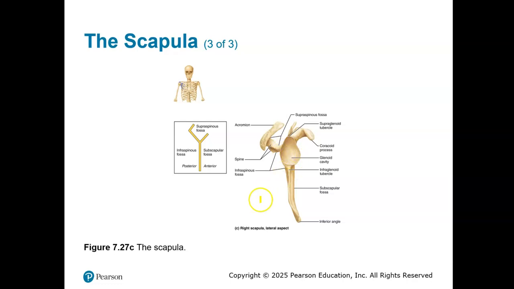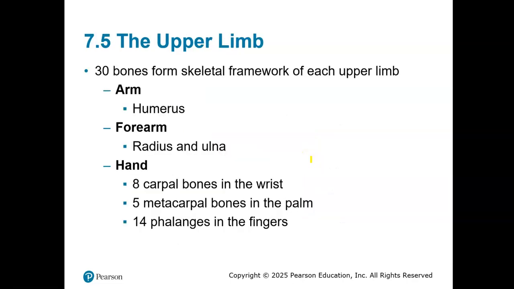And then you also have the acromion here, which is the other part of the shoulder joint. The acromion articulates with the clavicle, and the glenoid cavity articulates with the head of the humerus.